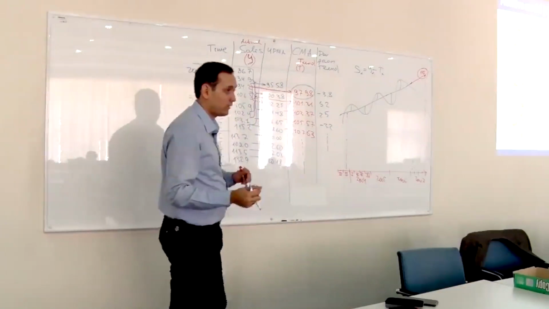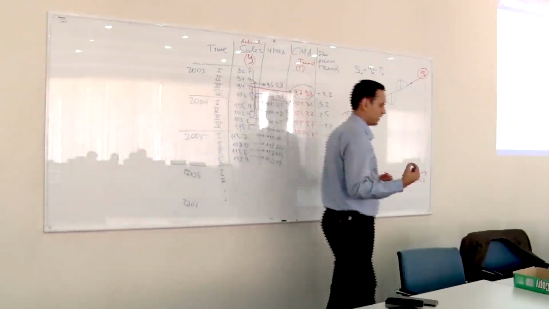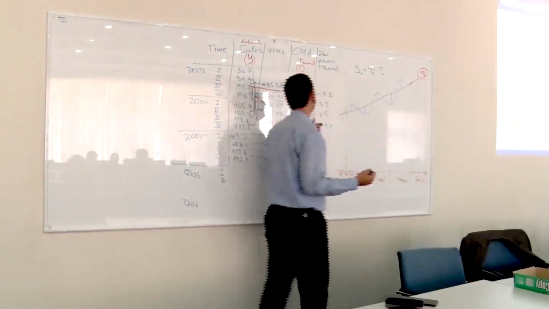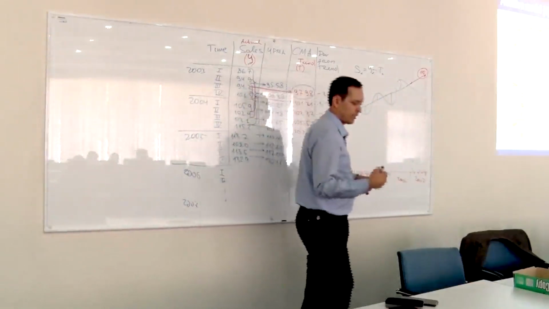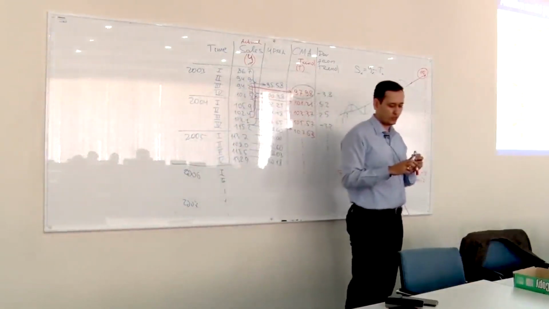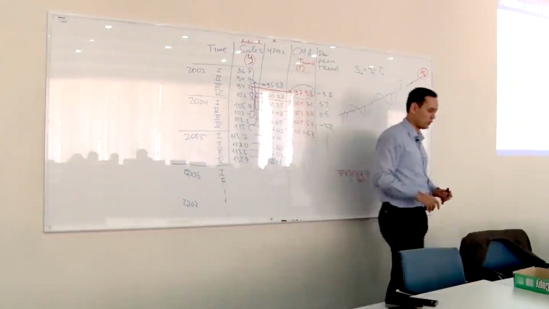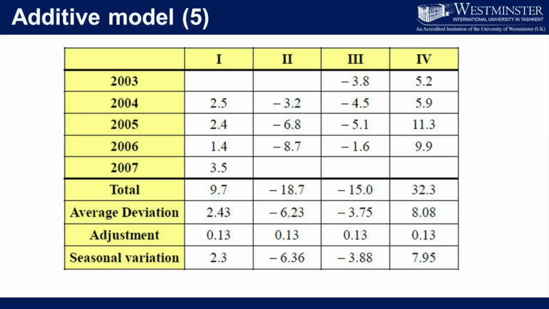Now, to calculate the real seasonal deviation, so these are actually deviations from trend, you need to come up with another table, which is called the seasonal variation table. We'll have to draw a table like this.